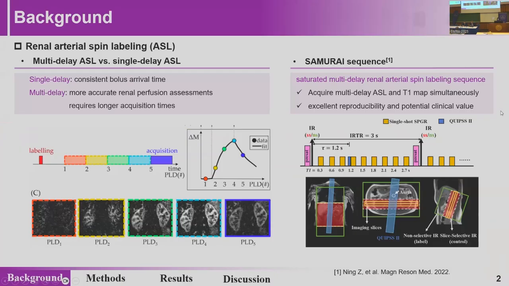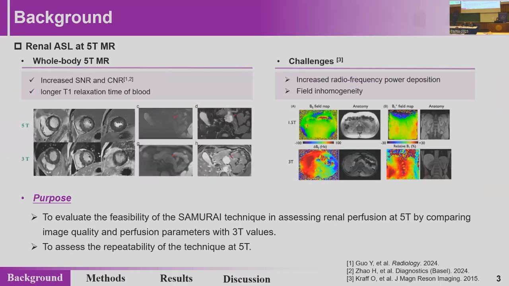The traditional multi-delay ASL in renal arterial spin labeling provides more accurate renal perfusion assessments but requires longer acquisition times. The saturated multi-delay renal ASL sequence can acquire multi-delay ASL and a T1 map simultaneously and can provide excellent reproducibility and potential clinical value.